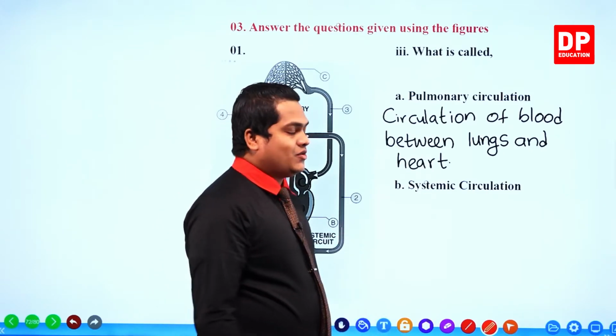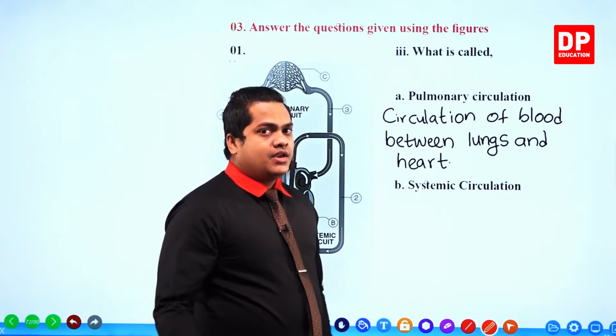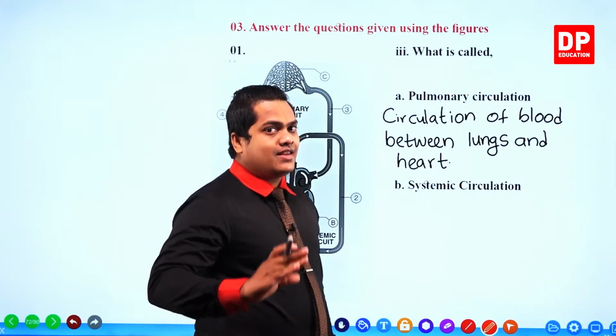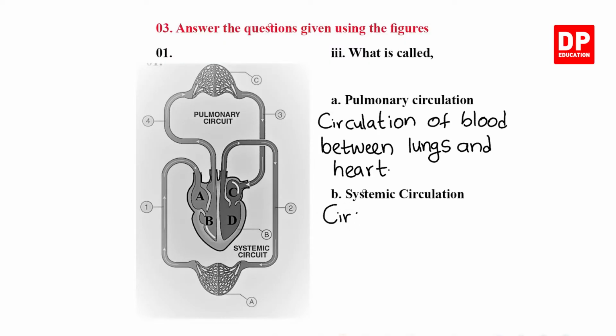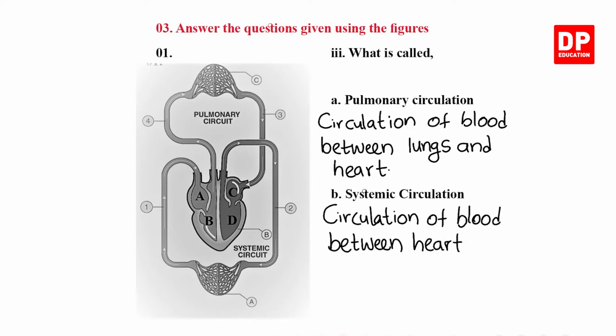Then systemic circulation means circulation of blood between heart and the body organs.